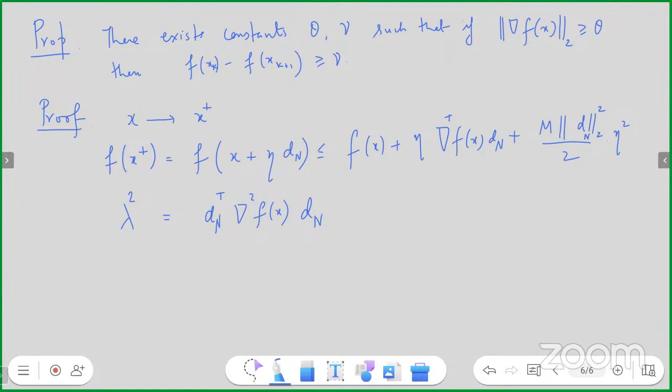It's called the Newton decrement. And what is Dn? Just to remember, Dn is nothing but the gradient square f of x whole inverse times the gradient of f of x. That's what your Dn is.